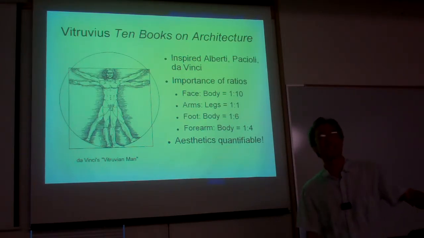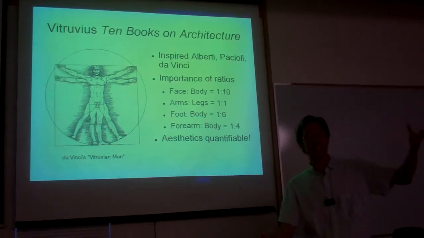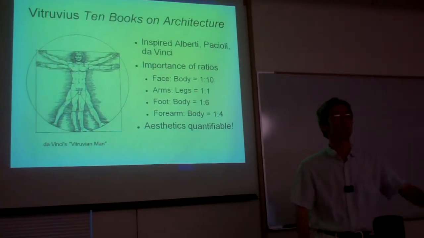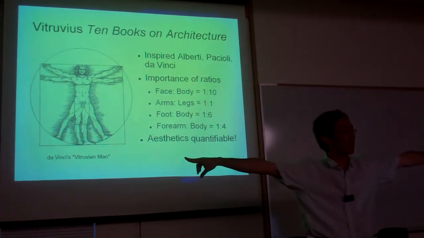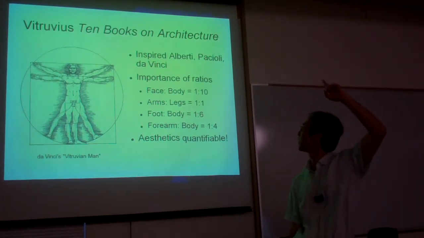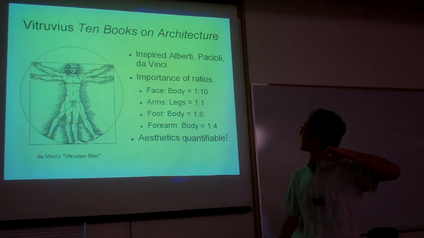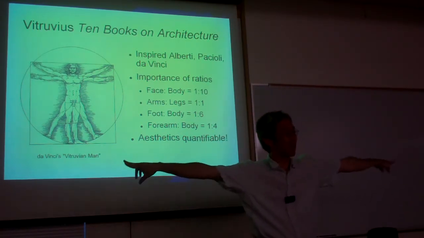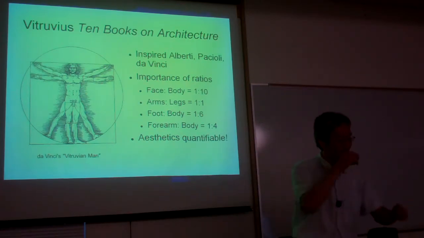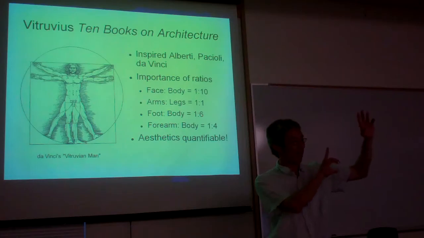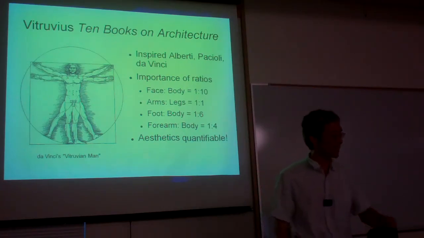According to Vitruvius, in an ideal person, the ratio of the face to the height of the body is 1 to 10. The ratio of your outstretched arms to your height, those should be about equal. Again, the ratio of the length of the foot to the body is about 1 to 6, and so on.